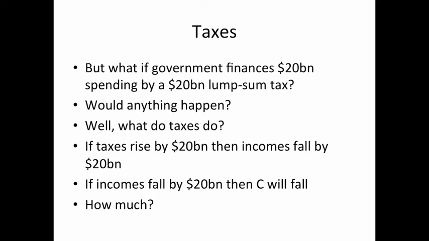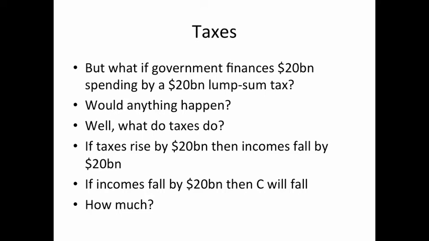So then what happens? Well, we've talked about that relationship because income is very important in determining consumer spending. If income in the United States goes down, then we assume consumer spending will go down. As we earn less money, we'll spend less. But then the big question is, how much less? Would it be 20 billion?